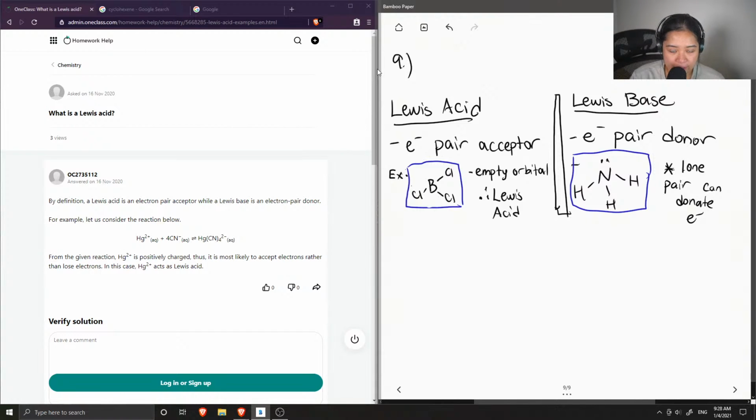Okay, so sorry about that confusion, but we can also compare this with Bronsted acids and bases. So if you're wondering why these ones have a different name, Bronsted. So a Bronsted acid is defined as a proton donor.